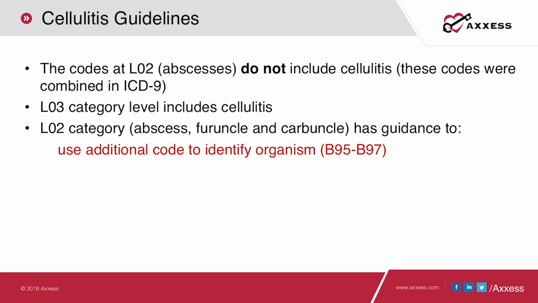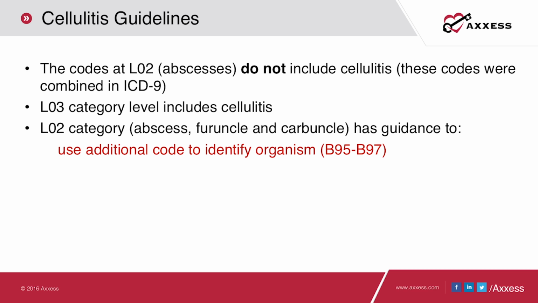Now, in ICD-9, those two were combined into one code category, but that's not the case in ICD-10. L03 category level includes cellulitis, whereas L02 category is your abscesses, your furuncles, and carbuncles. So again, L02 category is abscesses, furuncles, and carbuncles, and there's guidance at that category level that says use additional code to identify the organism causing the abscess and so on.